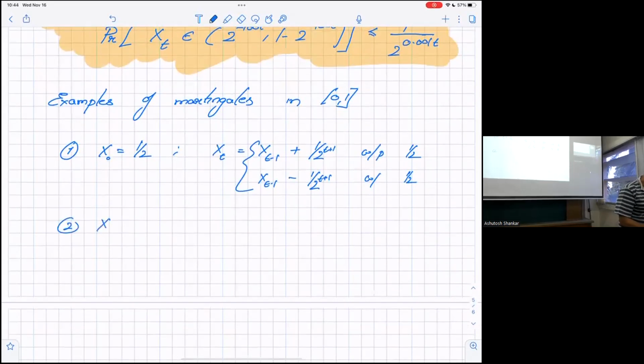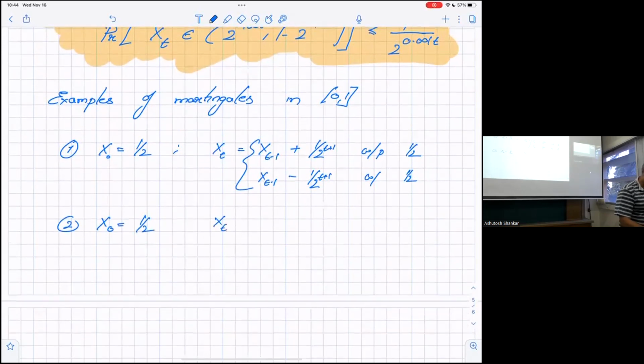The other one is the same thing. I'm going to start off with X0 being half. Actually, in fact, this is a more general version of it.